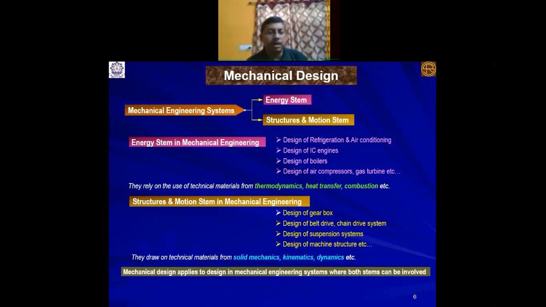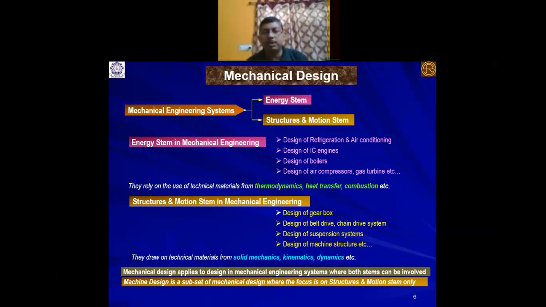And this particular subsystem, the structure and motion stem in mechanical engineering, is covered in the machine design class. So mechanical design applies to design of mechanical engineering systems where both stems can be involved, whereas machine design is a subset of mechanical design where the focus is mainly on the structure and motion stem only.